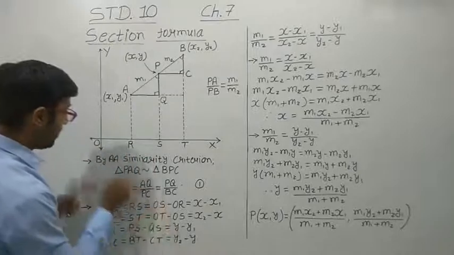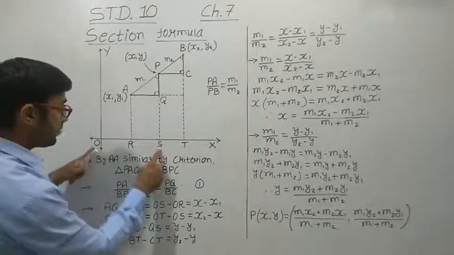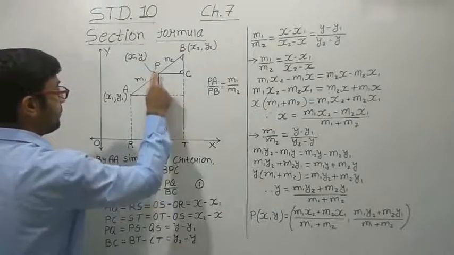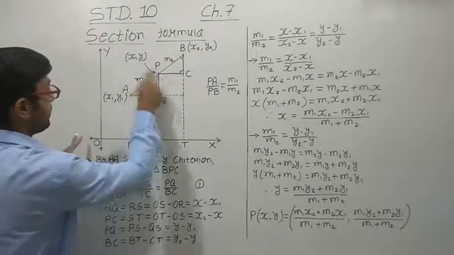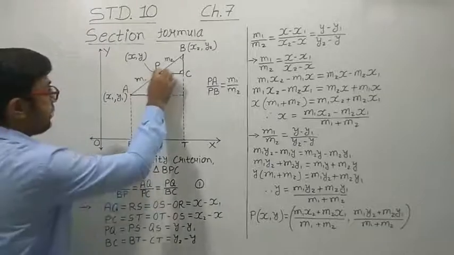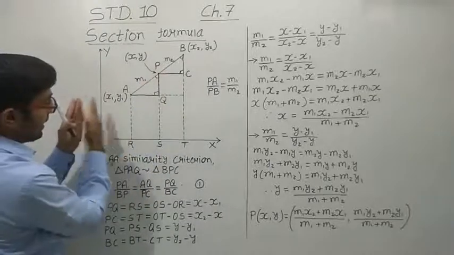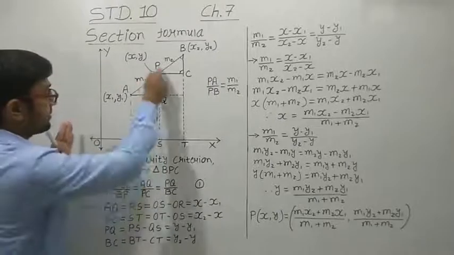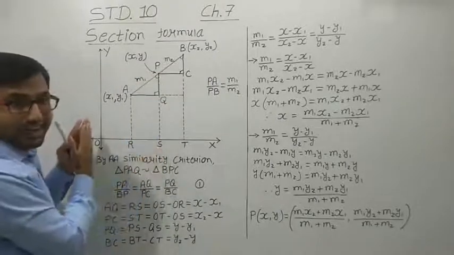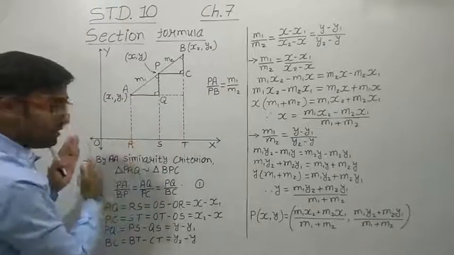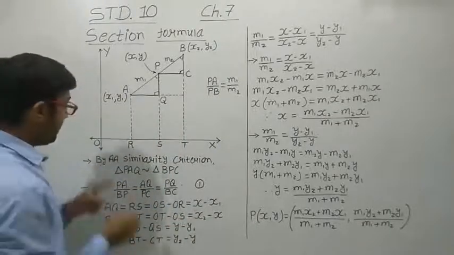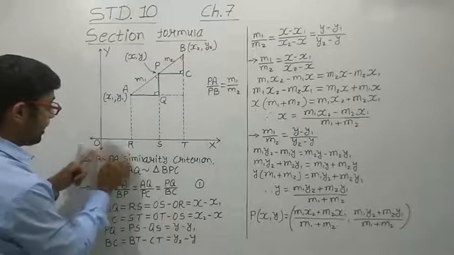And OS is what? The O to S distance is what? Here we have taken a point P, whose x coordinate value is x. P point is at an x distance from the origin. That means this S point is also at an x distance from the origin. So OS distance is x. In the same way, OR.